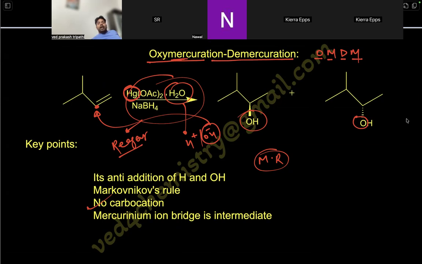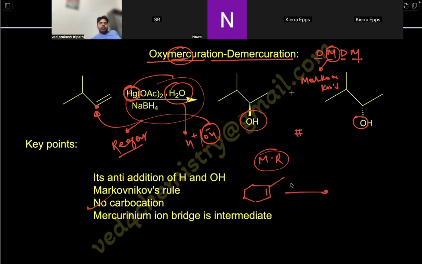Markovnikov's means less hydrogen containing carbon or more substituted carbon. Clear? And the second thing, look at the trick here. Mercuration. Markovnikov's. So M stands for mercury and Markovnikov's. Clear?